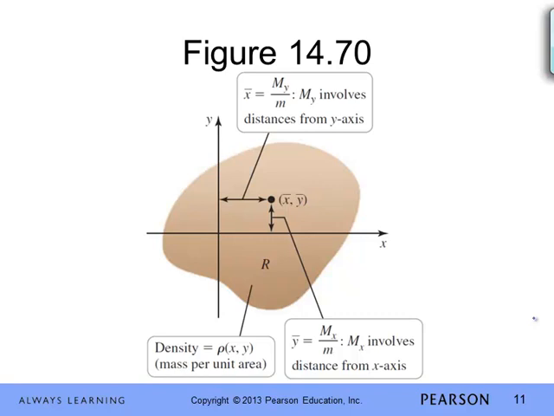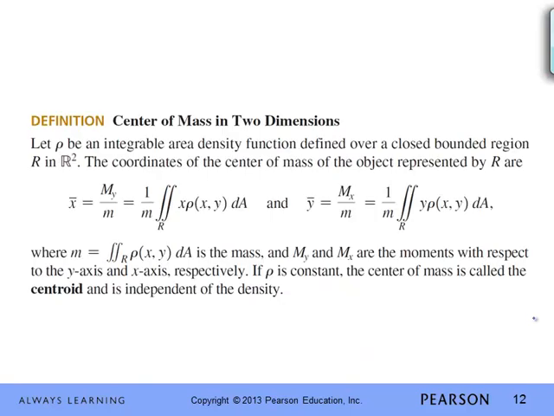Well, you take a look at the distance from the y-axis out to your point. That's going to be, well, y, right? Horizontal distance. And then you're going to integrate that y times the density in order to get your moment with respect to the y-axis. And then divide that moment with respect to the y-axis by the mass in order to get x bar.